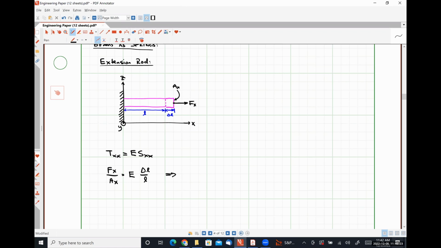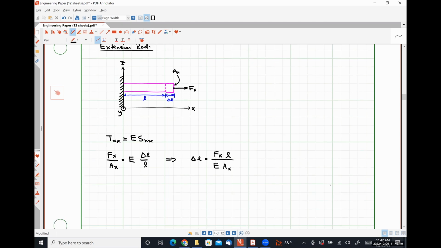And so with a trivial amount of algebraic manipulation, we can find that our deformation, or the amount that our spring extends, is simply the applied force times the length of our beam divided by Young's modulus times the cross-sectional area.